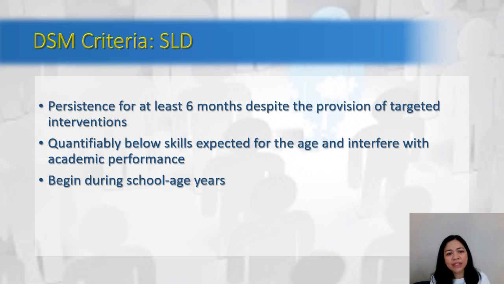And the skills have to be quantifiably below what is expected for the age, and they have to interfere with academic performance. So this disorder begins during the school age years, again harkening back to developmental disorders. Manifestations of developmental disorders, including specific learning disorder, have to begin in childhood.